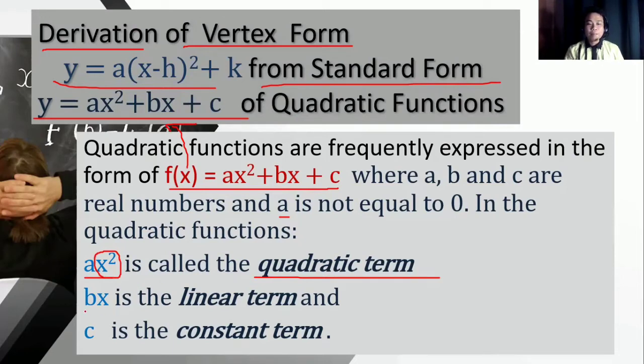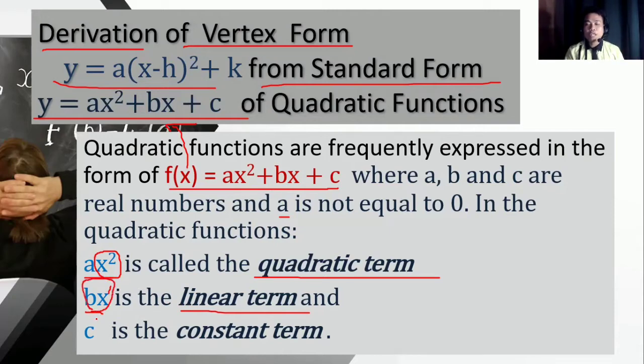Okay. Then bx is the linear term. When we say linear, the exponent of the literal coefficient, we have 1. So the middle term is called the linear term because of the exponent of 1, bx.